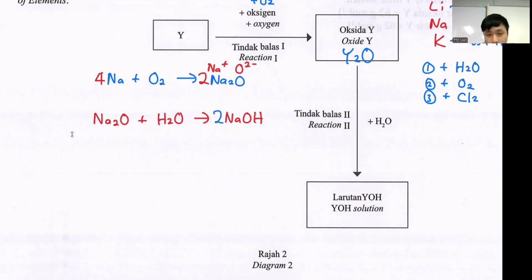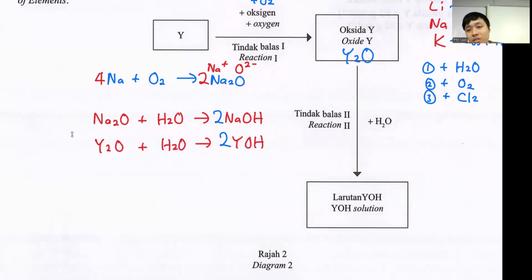That's why I multiply 2 for NaOH. If I want to write for Y, same thing. Y2O reacts with H2O to become YOH. In this question, normally you write Y because you assume you don't know what Y is, which in this case they didn't tell you either.